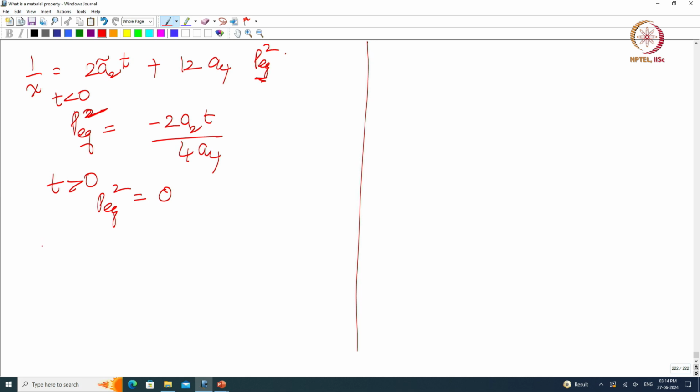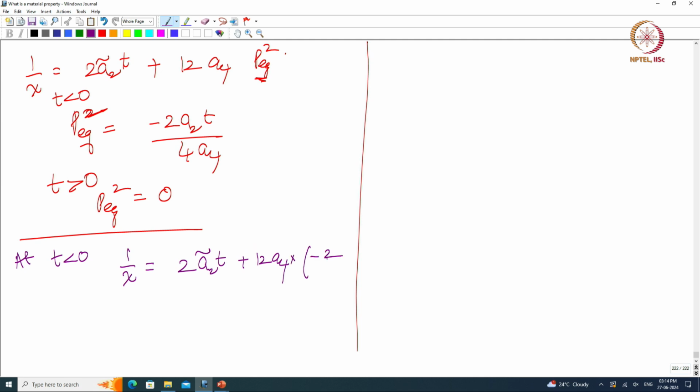So, now if I calculate what 1 by susceptibility is: at t less than 0, 1 by susceptibility is nothing but 2a2 t plus 12a4 p equilibrium square, times minus 2 by 4, which is just minus half, a4 a2 t.